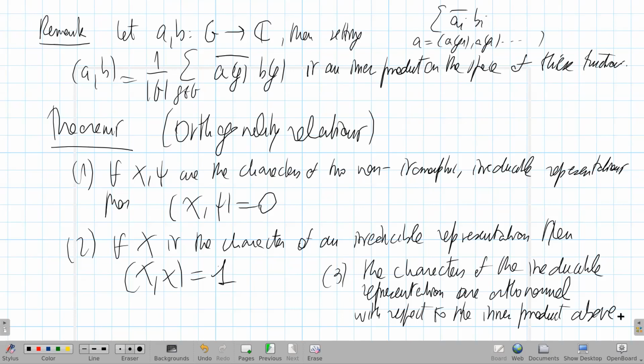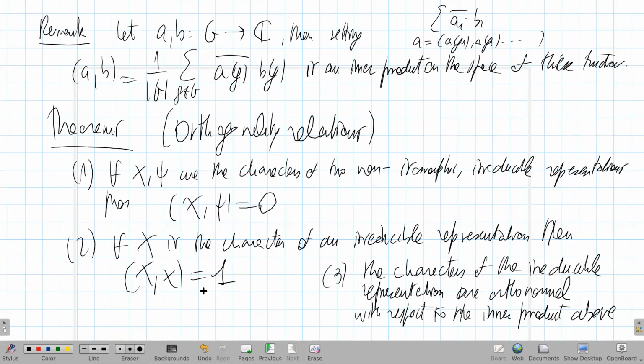And we will see that they are also in the right number, so they are a basis of the vector space of functions from G to C. So there will be an orthonormal basis of that space. Two non-isomorphic representations have orthogonal characters. If you have just one character, then it is of length one, so the inner product itself is one.